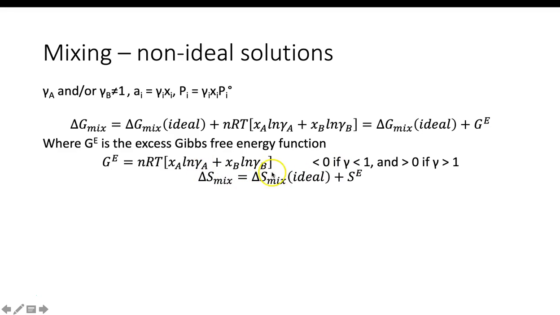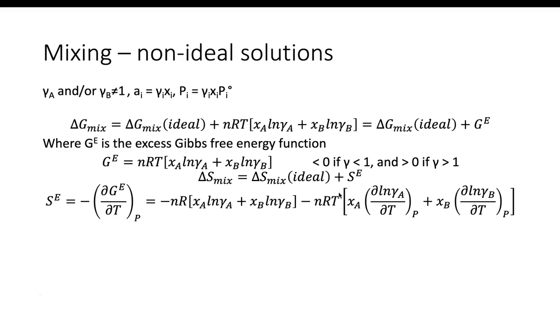So delta S mix is delta S mix ideal plus the excess function. Well, now the excess function, let's just do the partial derivative of the Gibbs free energy excess function with respect to temperature. We pull this part out, but we can't assume that the activity coefficient is independent of temperature.